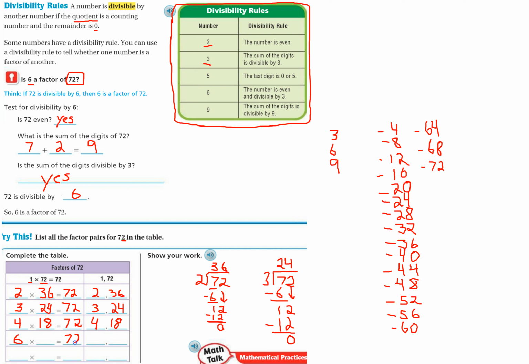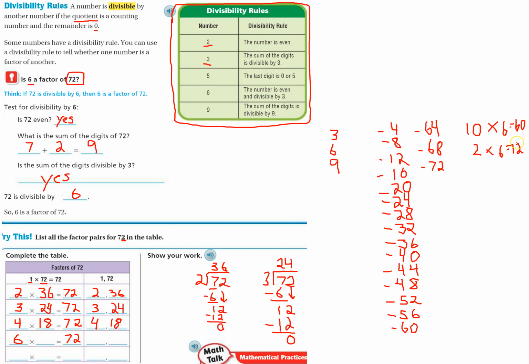I'm going to do a little bit of a shortcut because I know my facts a little bit, right? If I do 10 6s, or in other words, 10 times 6, that gets me all the way up to 60. And then I only need 12 more. From 60 to 72 is only 12 more, so that means I just need 2 more 6s, because that would be 12.